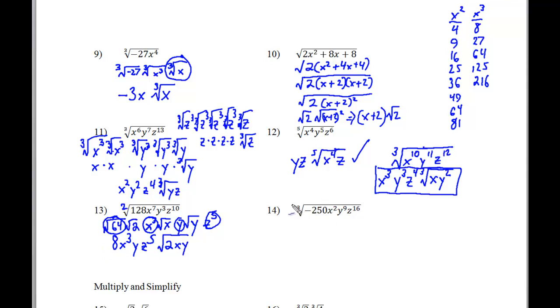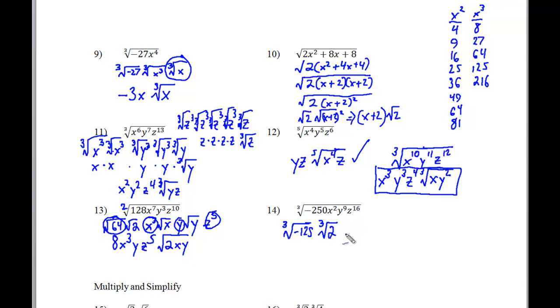Now let's look at problem number 14. Taking a look at my cube root chart, can you see something that maybe 250 can get removed? Like what number evenly divides 250 easily? Well, that 125 can do the trick there. So I'm going to remove a cube root of negative 125, since I can remove cube roots of negative numbers. This will leave me a cube root of 2, because these two multiply to make 250.